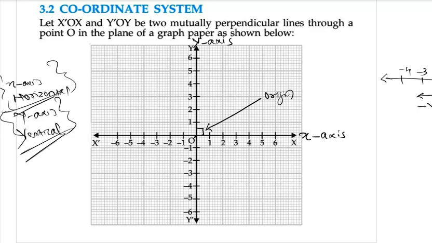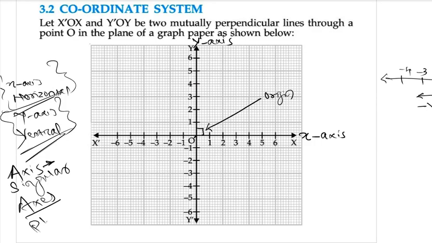Okay, now both these axes, both these number lines, one horizontal, one vertical, they are together collectively known as axes. Axis is singular. For a single number line, I will call it axis. And for plural, for both the number lines together, I will call it axes.